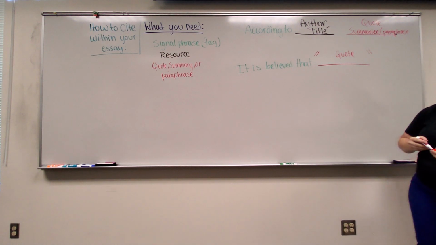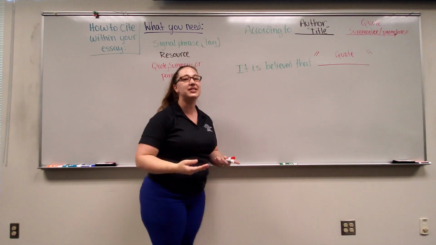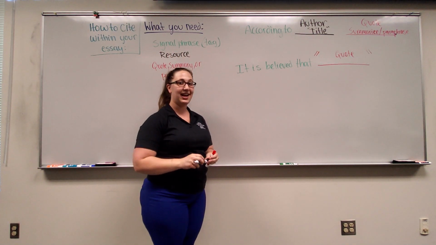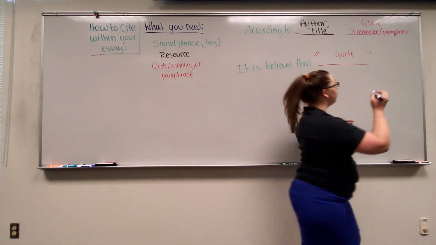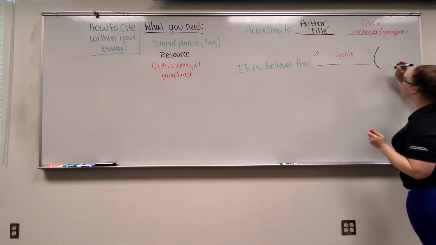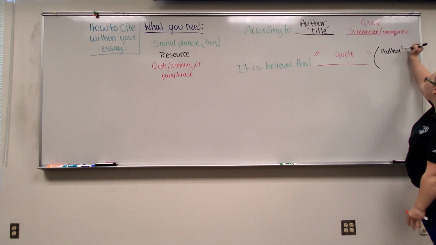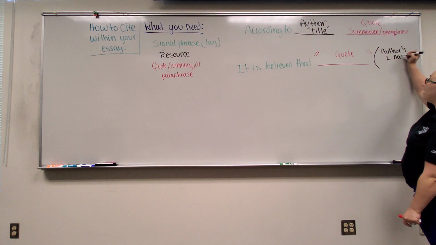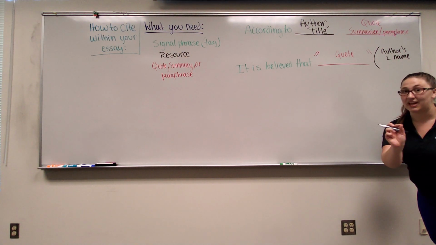So you can see that we have 2 of our pieces, but this resource part is what's missing. This comes at the very end of your sentence in the form of parentheses. Then, if you know the author, give the author's last name only. Do not include a date. That is not MLA format.